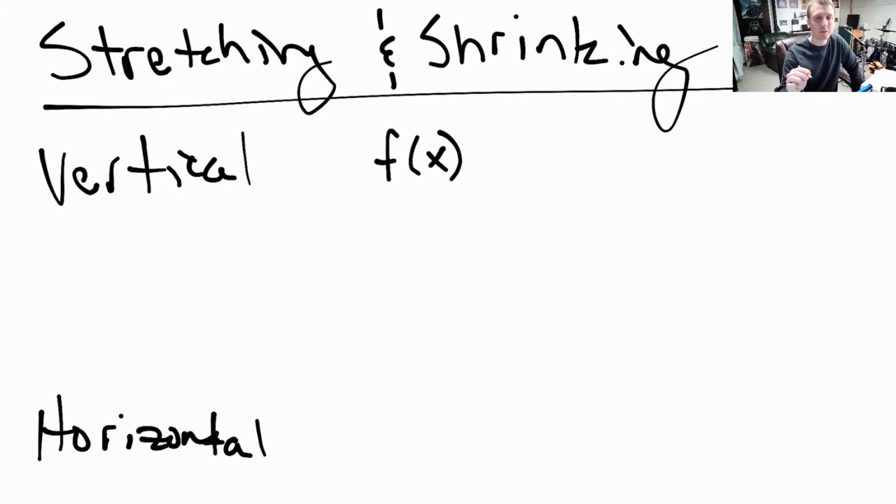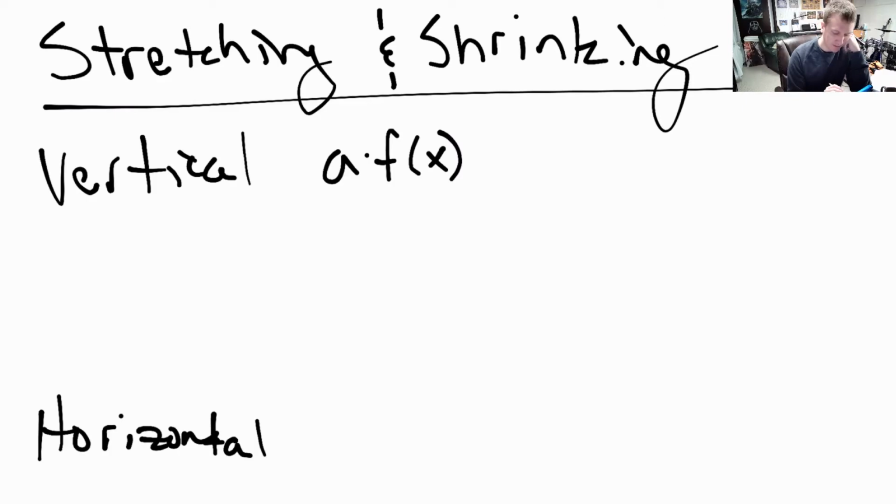That's the output. If we want to stretch the output of a function's graph, we need to multiply it by some number. Remember, adding some number to the output shifts it up and down. But if you multiply the whole function by some number, you're going to stretch it or shrink it vertically.